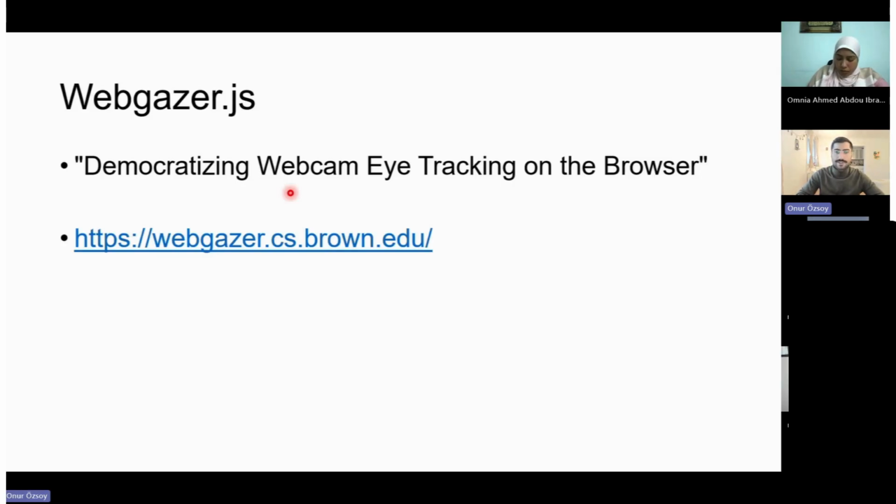That's just a tool that is available already. And what happens is that eye tracking coordinates are computed in participants' browsers. And then what you get is not a video or anything like this. You just get coordinates of the location on the screen that they've been looking at a given time.